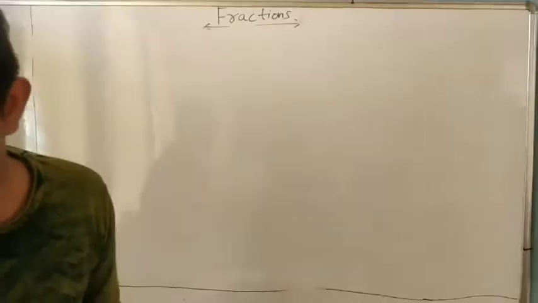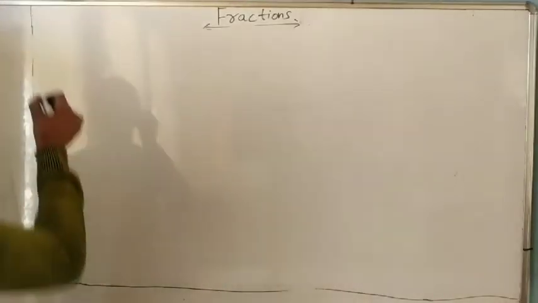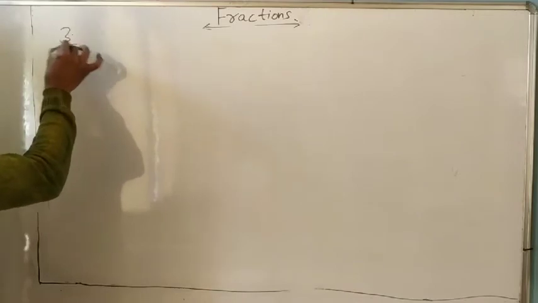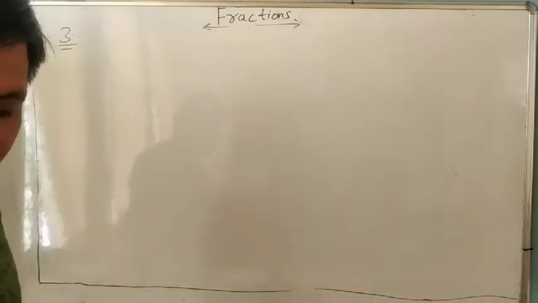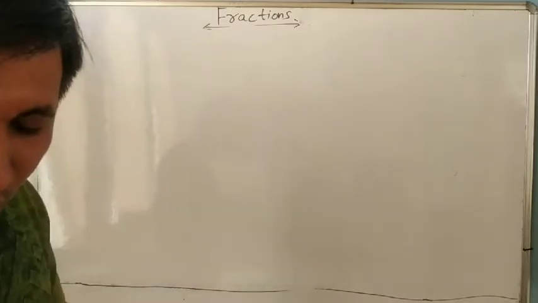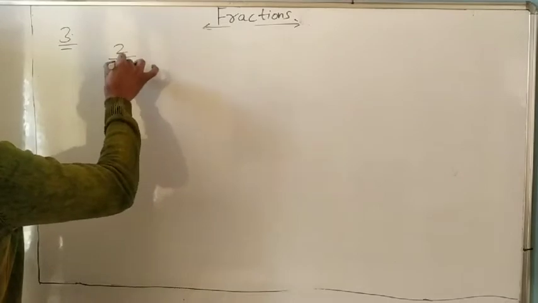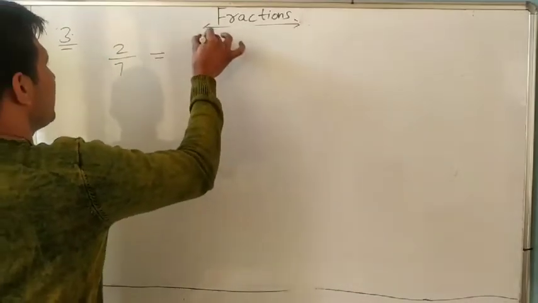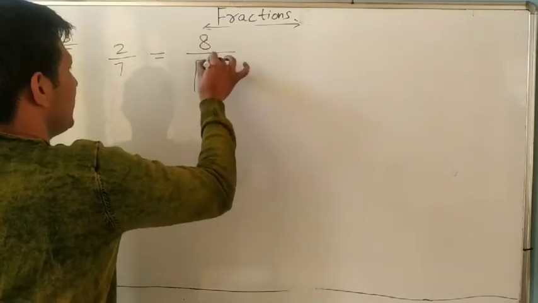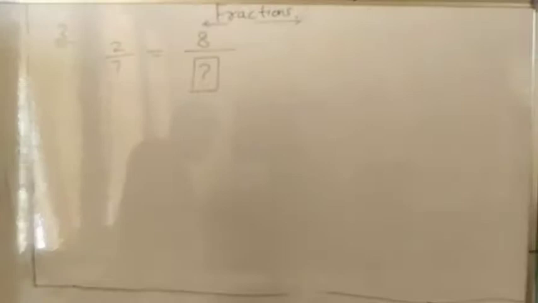Next is question number 3. Okay, question number 3. Replace, fill in the blanks in each of the following by the correct number. 2 upon 7 equal to blank upon 8. This portion we have to fill.